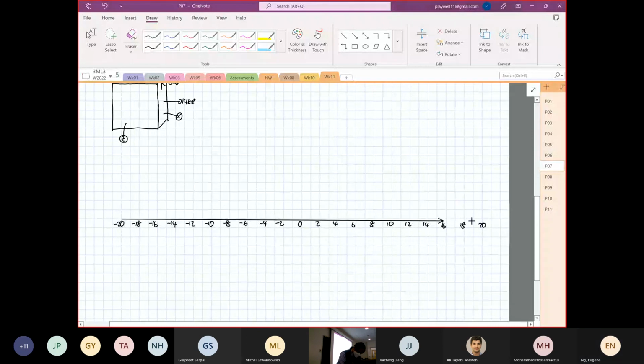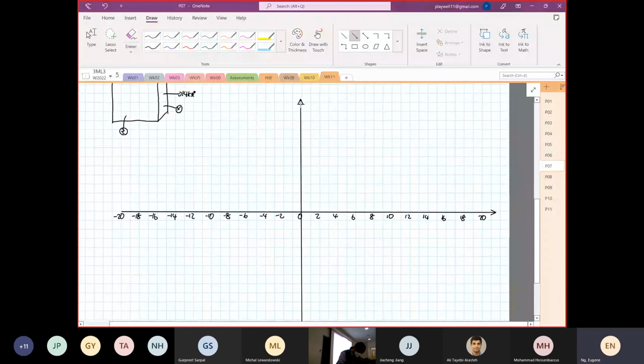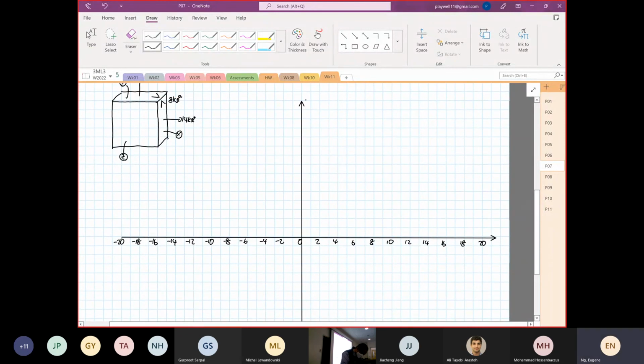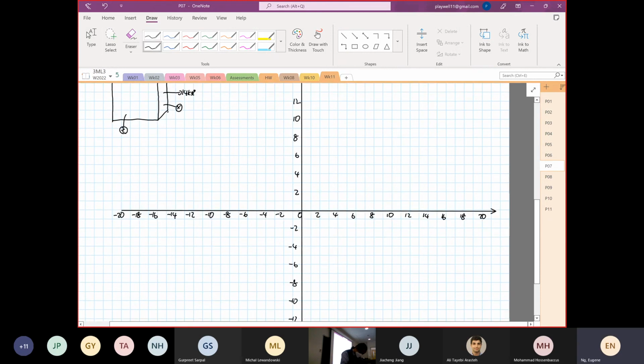Okay. And then this is going to be our 10. Our shear. Okay. So shear element rotate clockwise. Element rotate anti-clockwise. -2, -4, -6, -8, -10, -12, 2, 4, 6, 8, 10, 12.